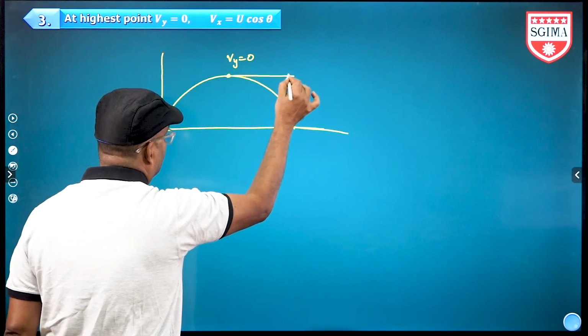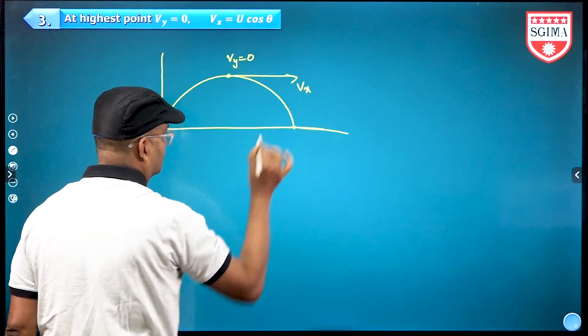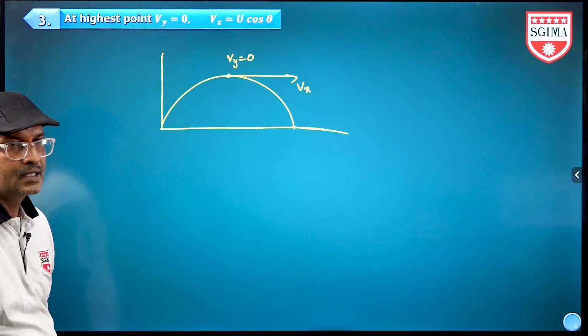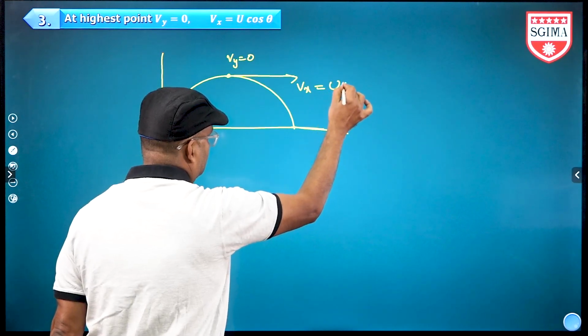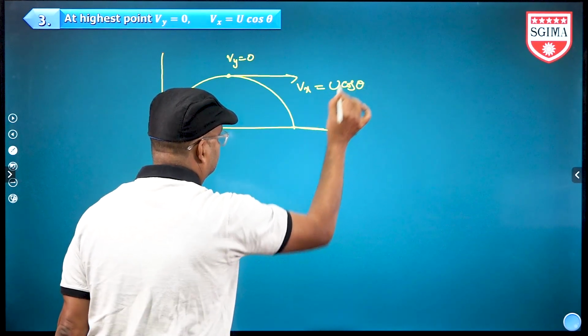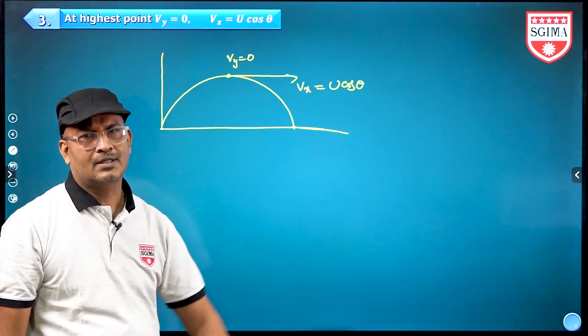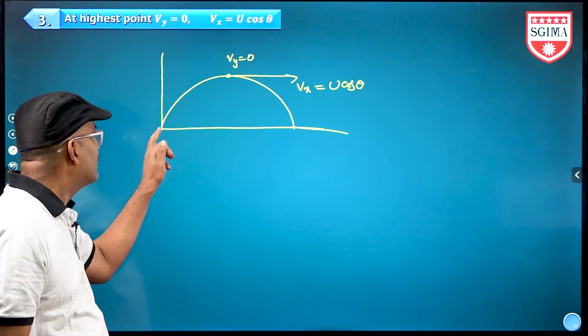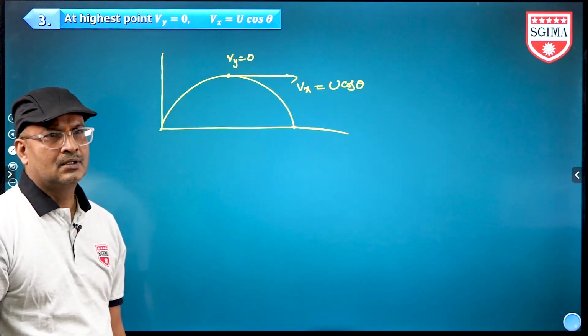Total velocity is along the horizontal direction. In the horizontal direction, velocity is always constant, u cos theta, because there is no acceleration along the horizontal direction. So, here velocity u cos theta will be continued.